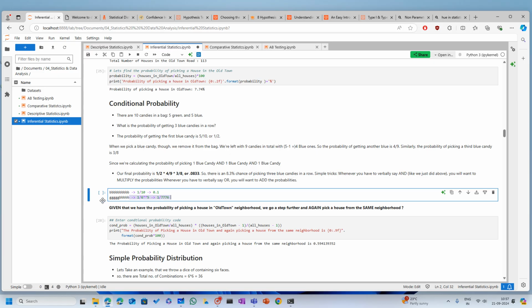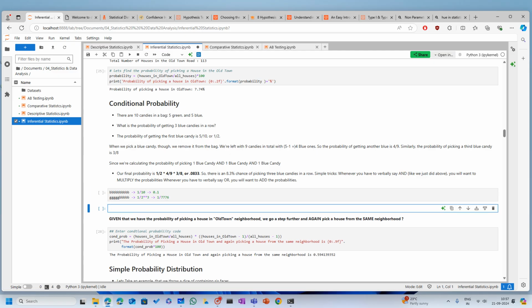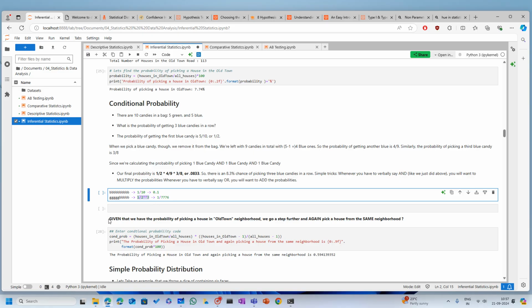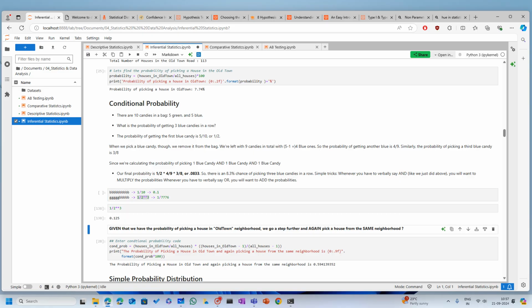Same example here, there are two different conditions only, so this will become two different ways. Okay, two different possibilities. And how many times are you going to repeat? 3. Okay. So if you do this math, let's do that math. 0.125.